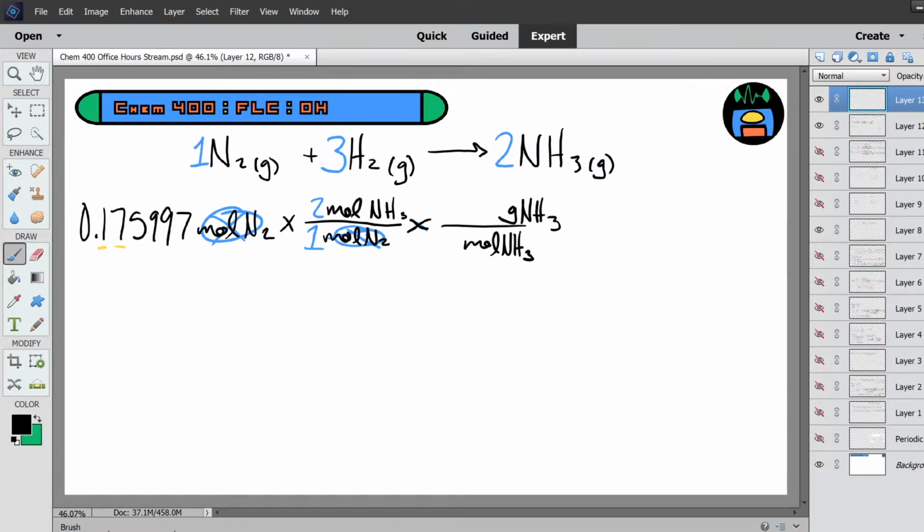Nitrogen has an atomic mass of 14.01. Hydrogen has an atomic mass of 1.008. We got 3 of them.